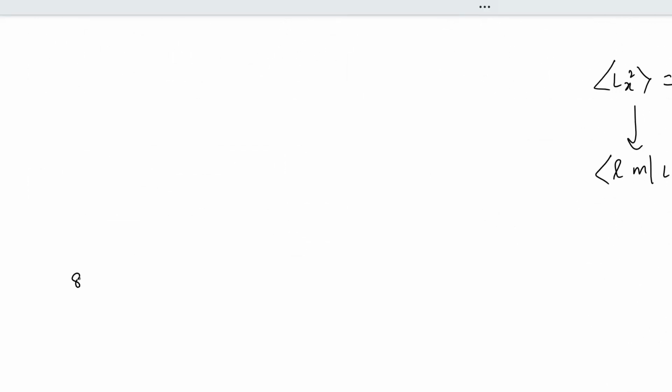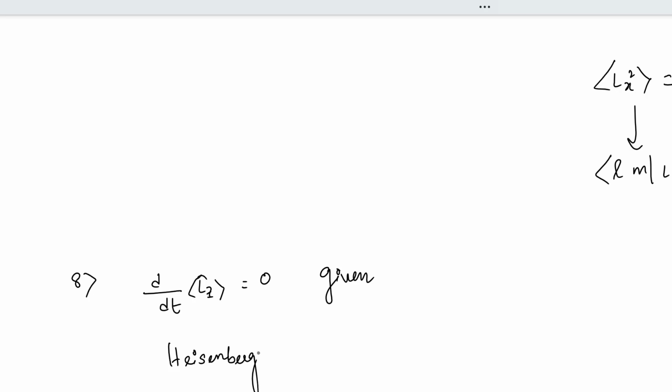So question number 8 says that your Heisenberg equation of motion, d/dt of Lz cap, is equal to 0 is given. Now you know that the operators have a time evolution which is represented by Heisenberg's equation of motion, where you can take the time derivative of an operator, and in this case the expectation value of the operator is taken.